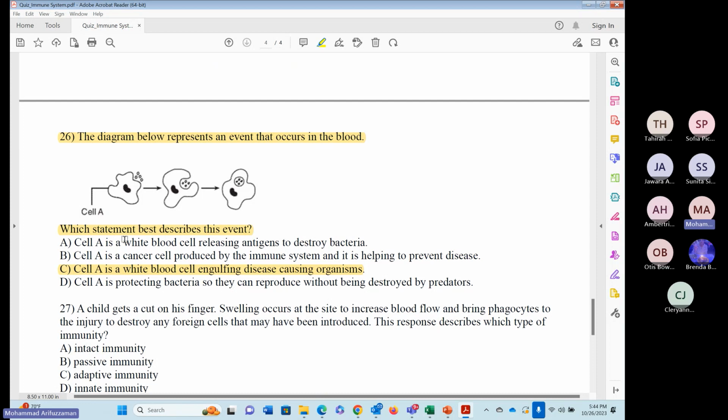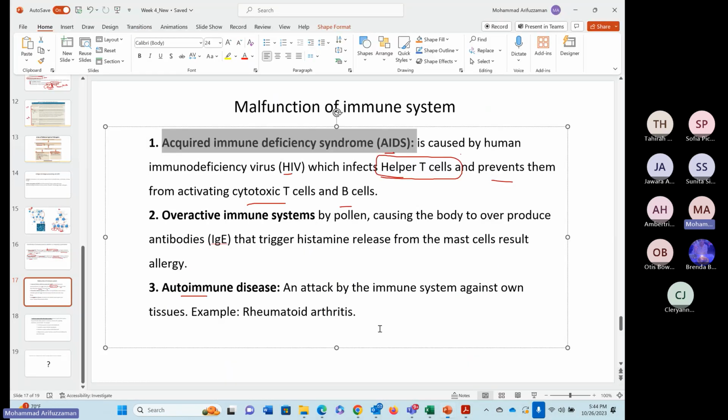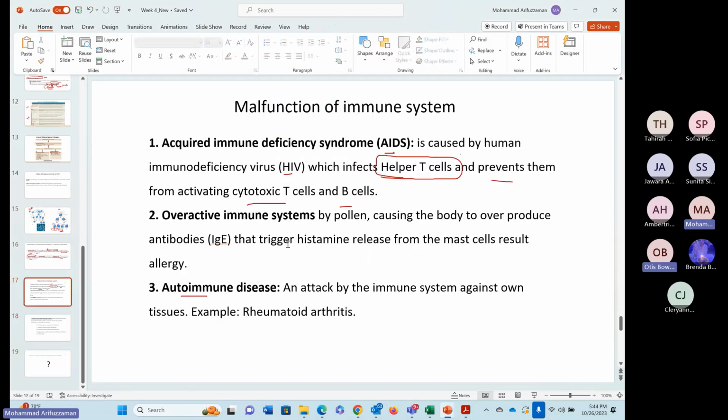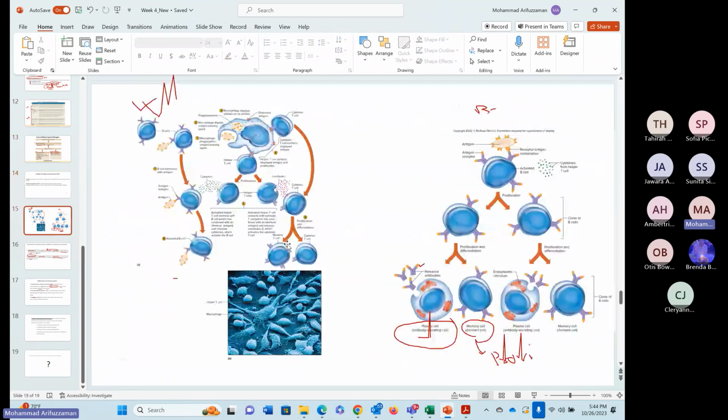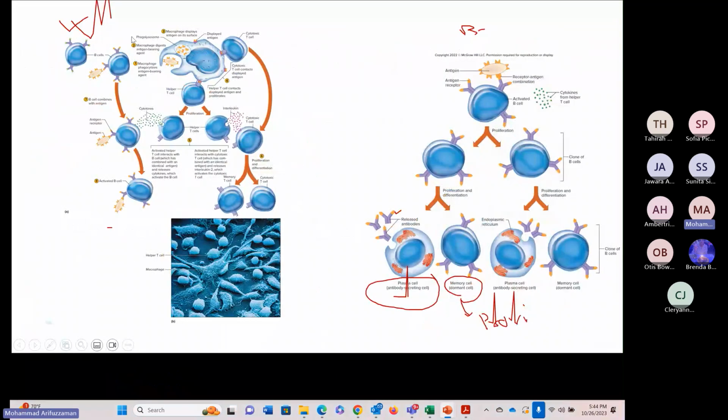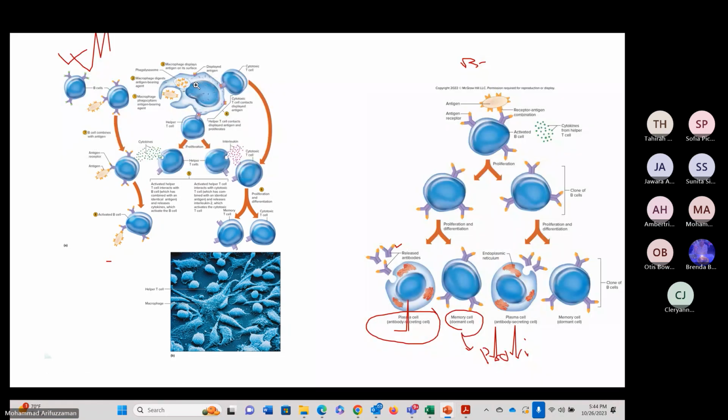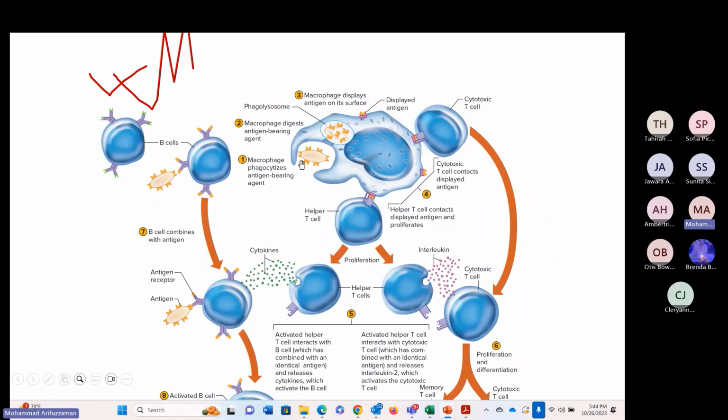You'll see the process here. Can you see the engulfing and destroying of pathogens? So this process is called phagocytosis.